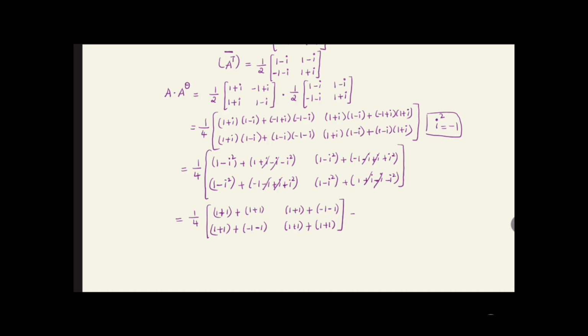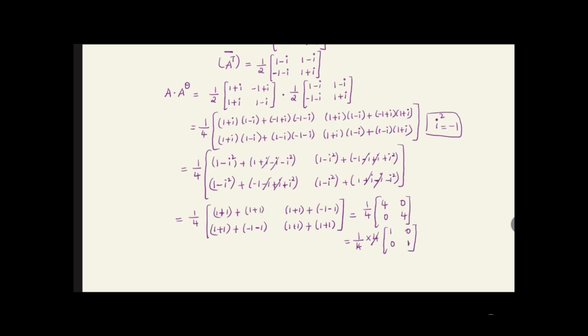Yes. Now what you are getting here, 1 by 4 into [2 plus 2 is 4, 0; 0, 4]. After solving we'll get like this. Now I will take 4 common outside, that is 1 by 4 into 4. What you are left with, [1, 0; 0, 1].